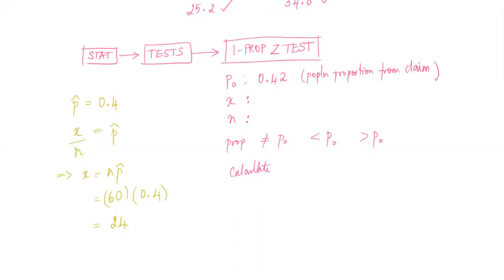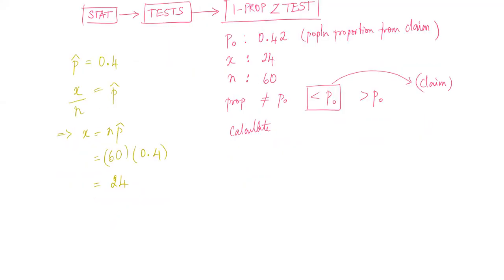We would just use p, lowercase p, but here they use p naught, so please be clear on that. x is 24, n is 60. And because you go back to your claim and see what symbol we used, your symbol was less than, right? So, again, look at the claim, right? And then hit calculate. Once you hit calculate, you get, again, a list of values.